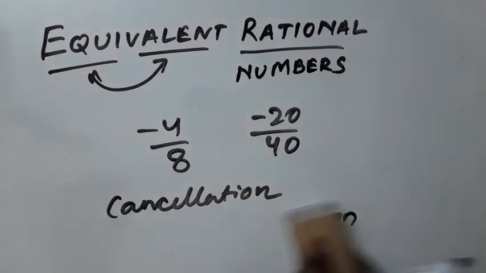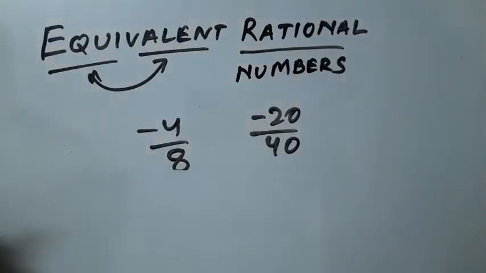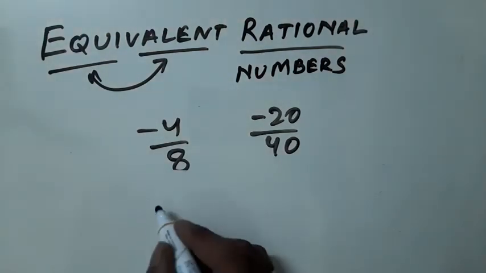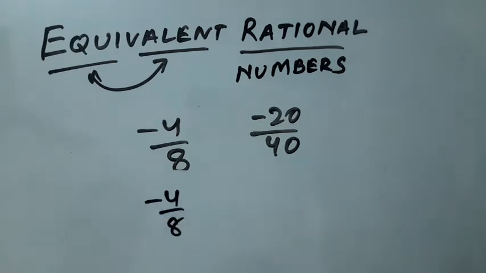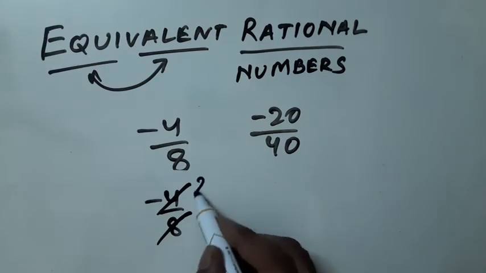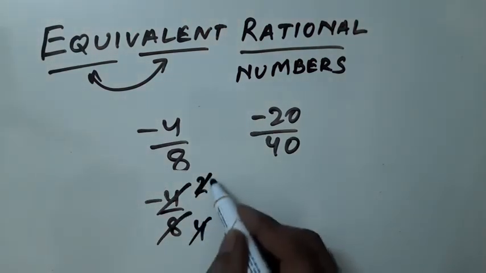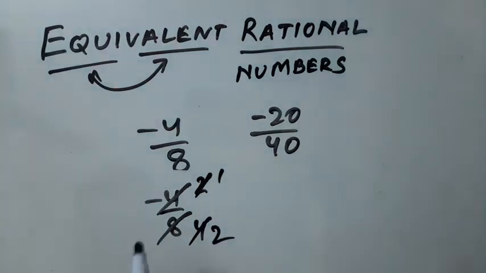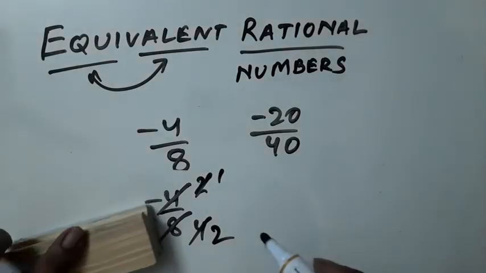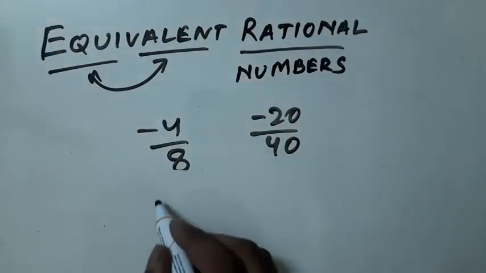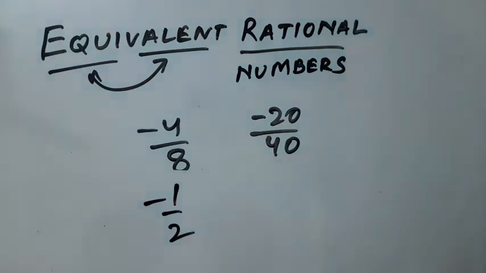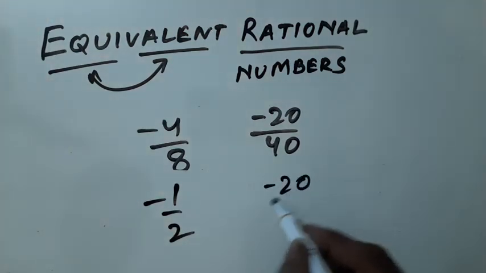So first, the cancellation method. In the cancellation method, we cancel the rational numbers. So minus 4 by 8, we can divide it by 2. So 2 2s are 4 and 2 4s are 8. Again we can divide, 2 1s are 2, 2 2s are 4. So we get minus 4 by 8 is equal to minus 1 by 2. Now let's cancel minus 20 by minus 40.